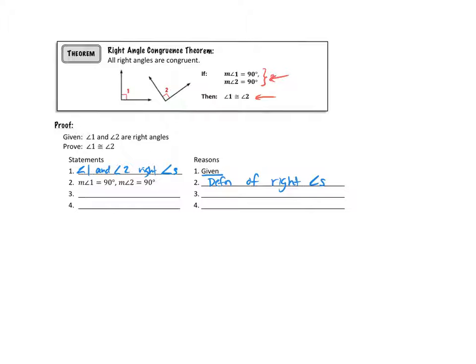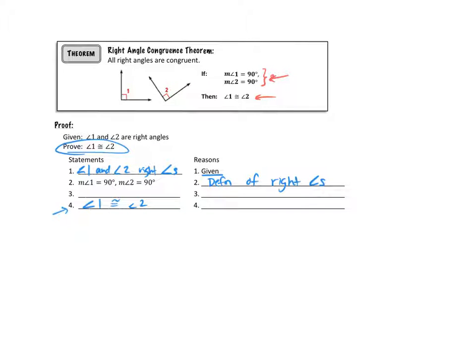Uh-oh, everything else is blank. Well, I know the last statement in my proof should be what I'm going to prove. So this had darn well better be that angle 1 is congruent to angle 2, which means that their measures are equal.